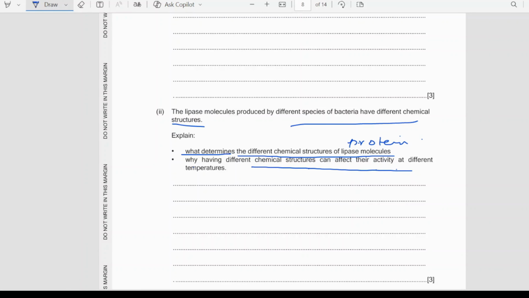The DNA codes for certain sequence of amino acid in the protein. Okay, I guess you are quite sleepy. So DNA codes for, good, just stick to this one.